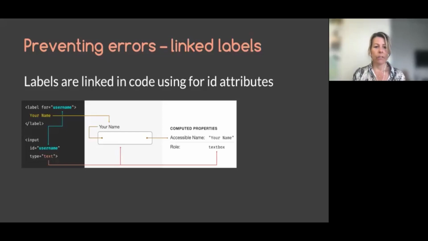And this can be done by using for and ID attributes as is shown on the slide. So on the slide, we have an input field for your name, and that visible label, your name, is linked in code using the for and ID attributes.